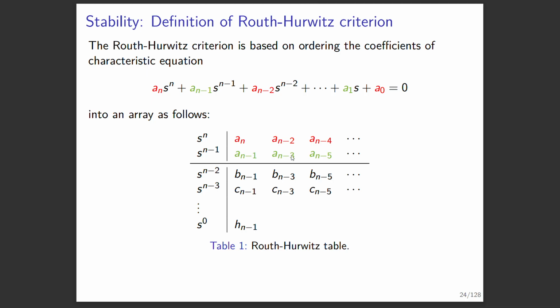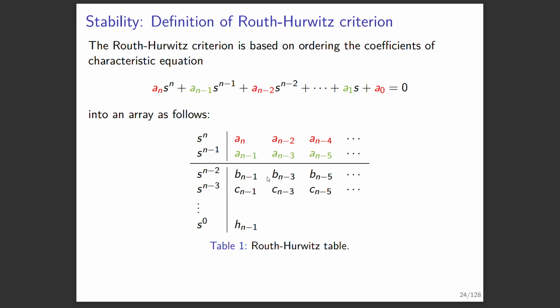In the second row, you put all the coefficients of odd terms. So you put a_n minus 1, a_n minus 3, a_n minus 5, and so on. Okay. So the first two rows directly come from the polynomial. Then you create other rows from these two.